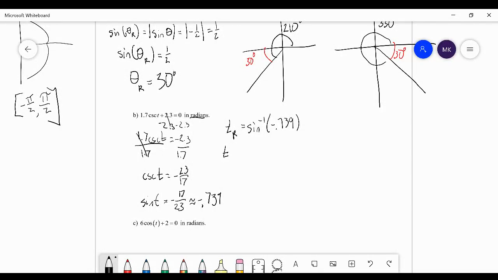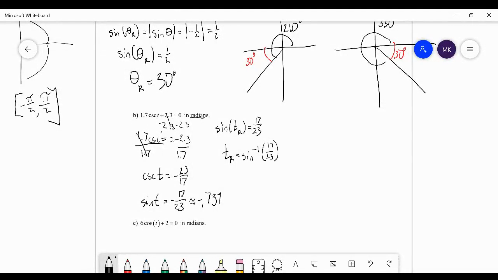So sine of t equals negative 17 over 23. That means that sine of t sub r is positive 17 over 23. That's what I want to use, and the reason why is because that's going to give me an acute angle. It's not going to give me a negative angle. It just makes life easier. And you're going to see why in just a sec. So that means that t sub r is inverse sine of 17 over 23.